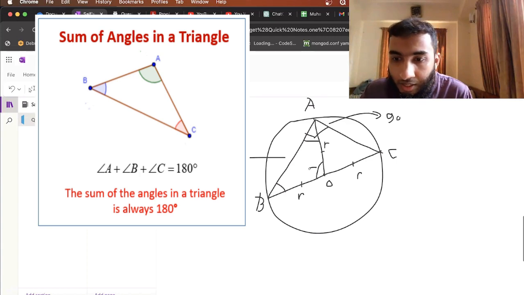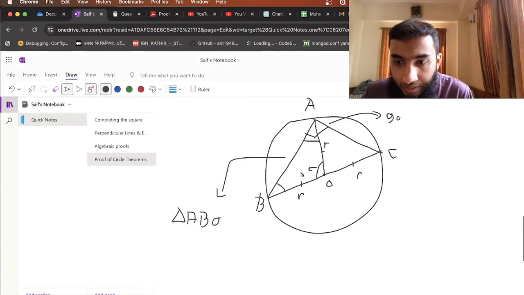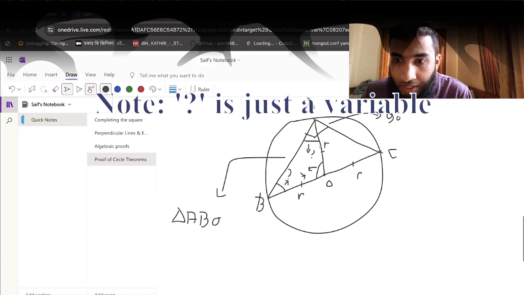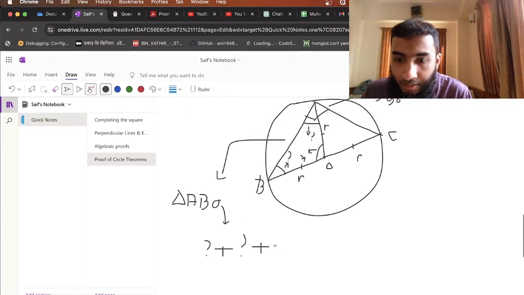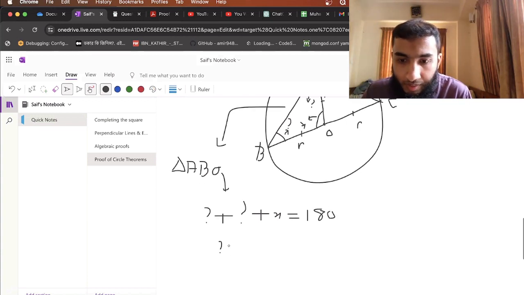So let's say this angle is X and this angle is question mark, similar to this angle, which is also question mark, because two radiuses give the same angle. So we can write, in the context of ABO, the question mark is a variable, plus the angle x that we assumed is what? 180. So what is the value of question mark? 180 minus x by 2.